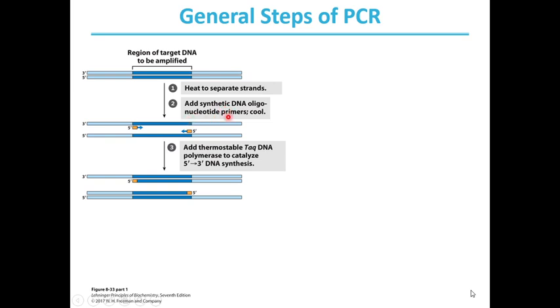In the second step, when the temperature is brought down to 50 to 60 degrees centigrade, the oligonucleotide primers anneal to the separate strands, to the complementary strand. For example, if the strand is 3' to 5', the primer, which is 5' to 3', anneals to that.